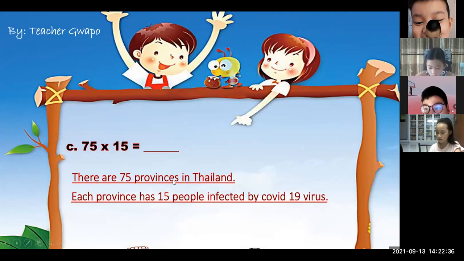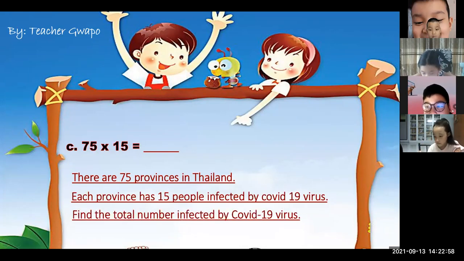Something like that. So you can change the place here. Instead of Thailand, you can use other countries, okay? You can use Singapore. You can use Laos or other countries or any place. So instead of Thailand, you use other countries. It's okay. And then you make a question. Find the total number infected by COVID-19 virus.